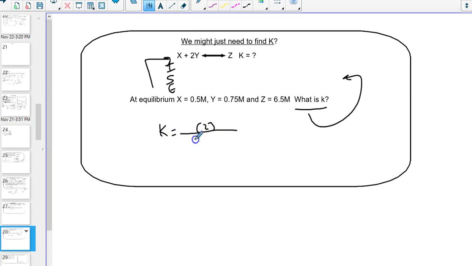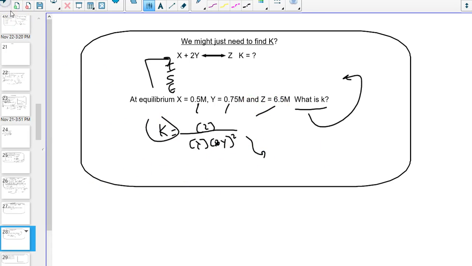Concentration of Z, concentration of X, concentration of 2Y squared here, and this will just be that guy, concentration of Y. And then they're just going to give it to you. Each piece just gets plugged in, and I did one like this already, so I'm not going to do another one. But they would just solve out for this guy.